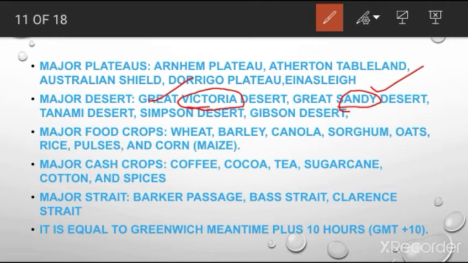Major straits include Bass Strait, etc. And India also has the Palk Strait between Sri Lanka and India.